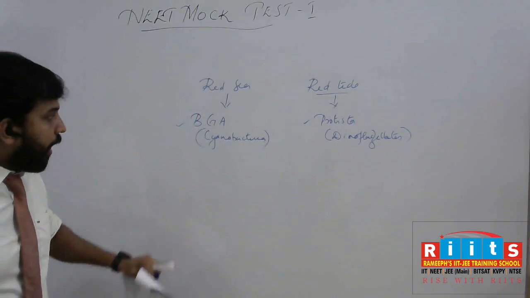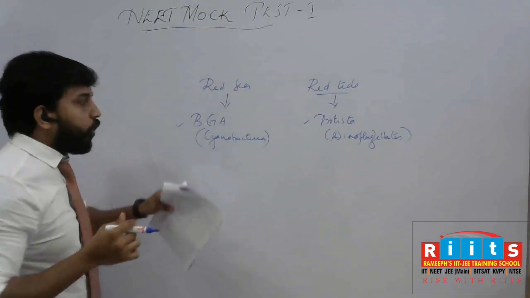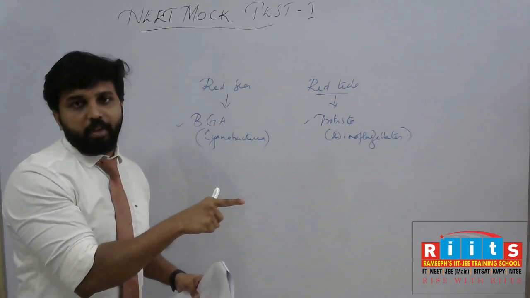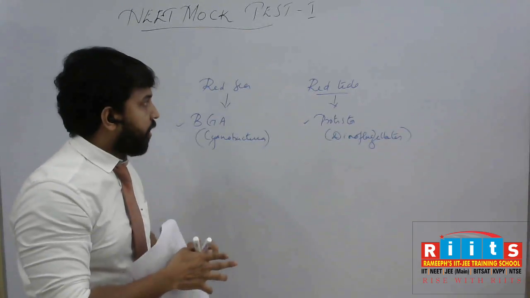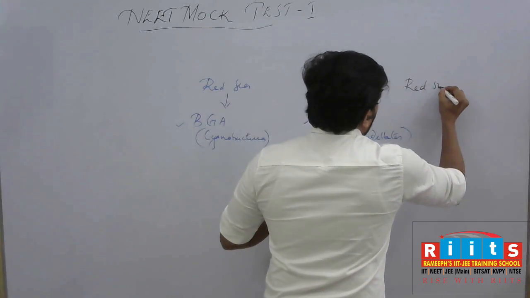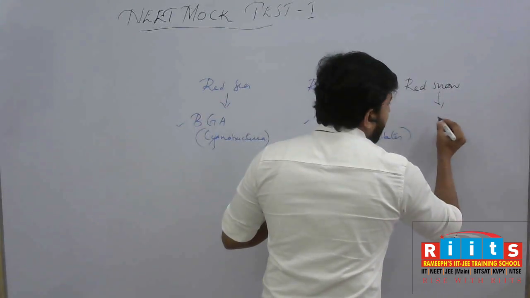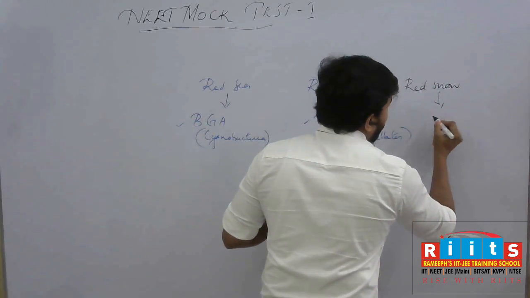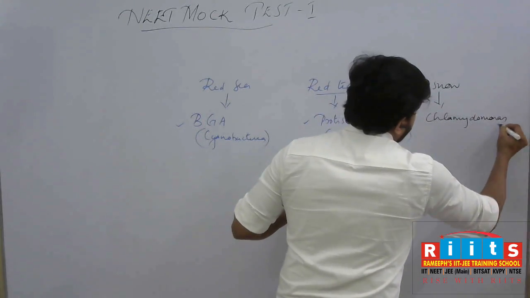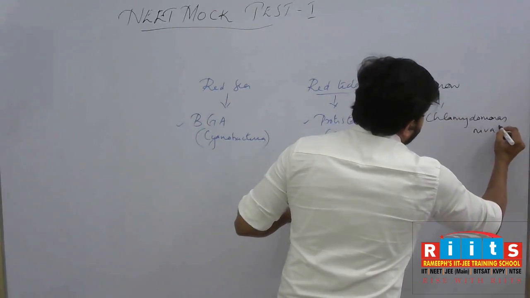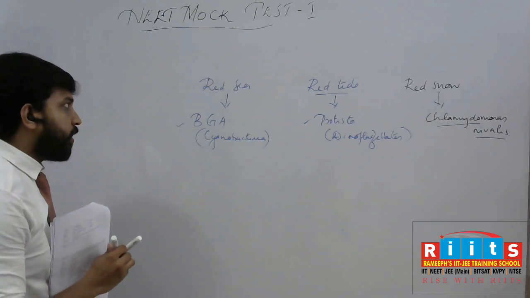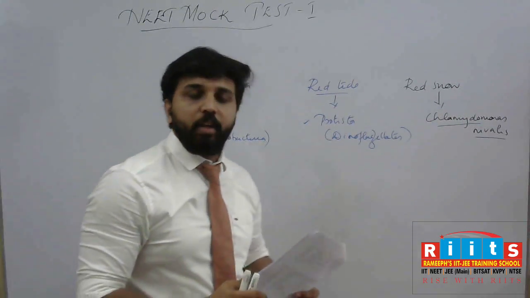And here the students shouldn't confuse it with red snow. Red snow is caused by another Protista member, a chlorophyll member, that is Chlamydomonas nivalis. So this is the concept of red sea, red tide, and red snow.